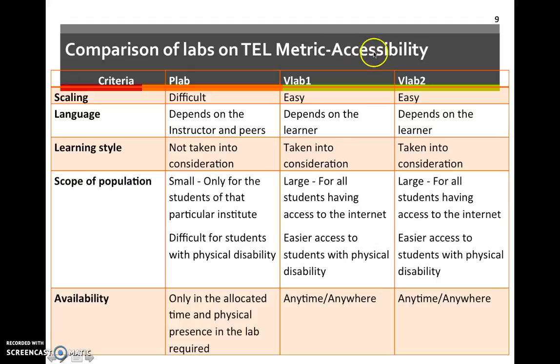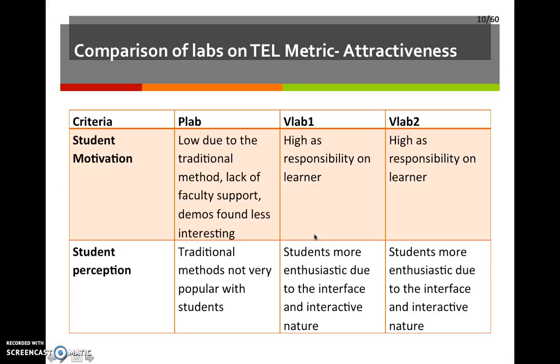The second metric, accessibility, has these parameters: scaling, language, learning style, scope of population, availability. Again, on all these parameters, if you compare the table, the virtual lab with simulation scores the best, after which VLab 2 and then the physical labs. So these two types of labs are basically improving the accessibility to the learner.